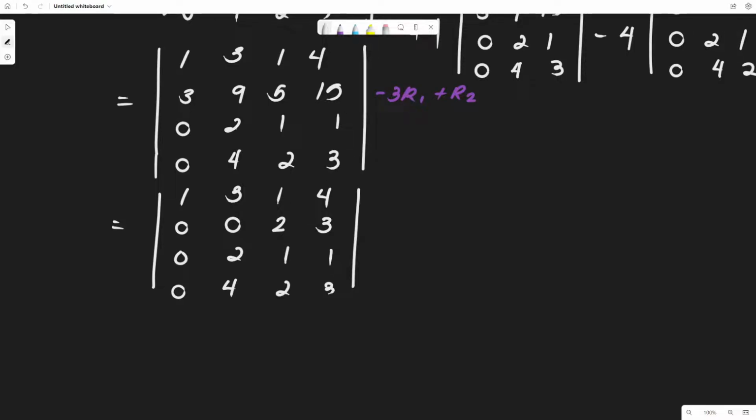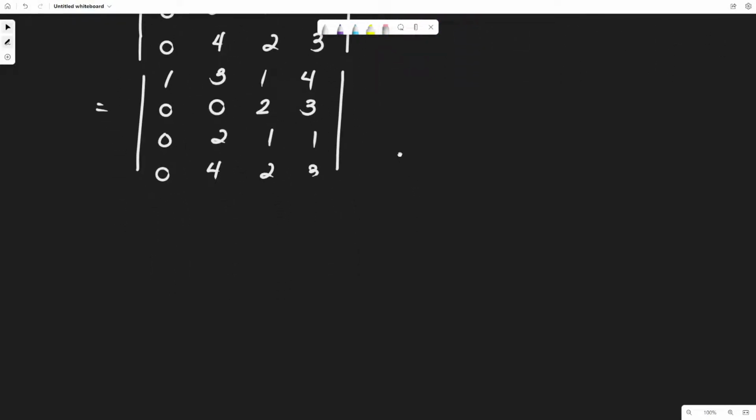So, next, I need this one. So, it can be negative 2R3 plus R4.